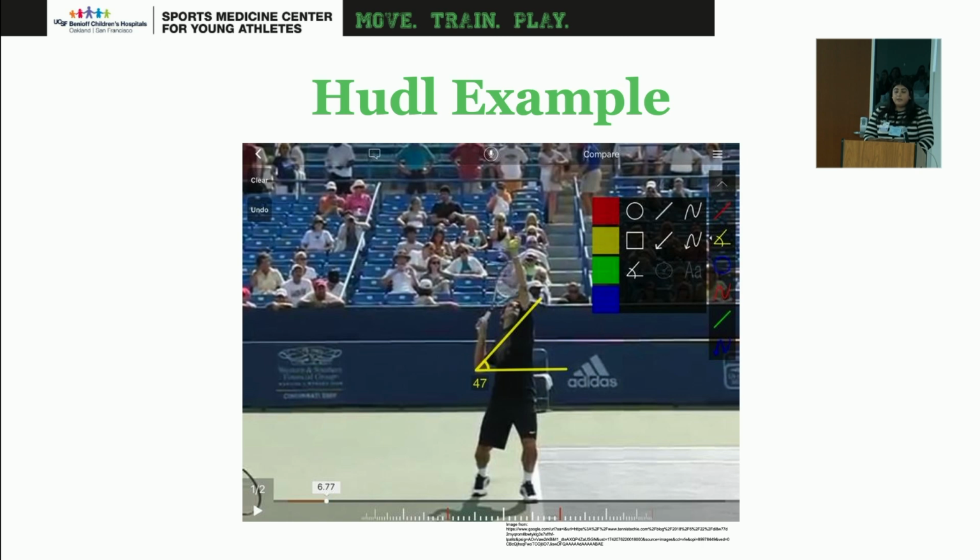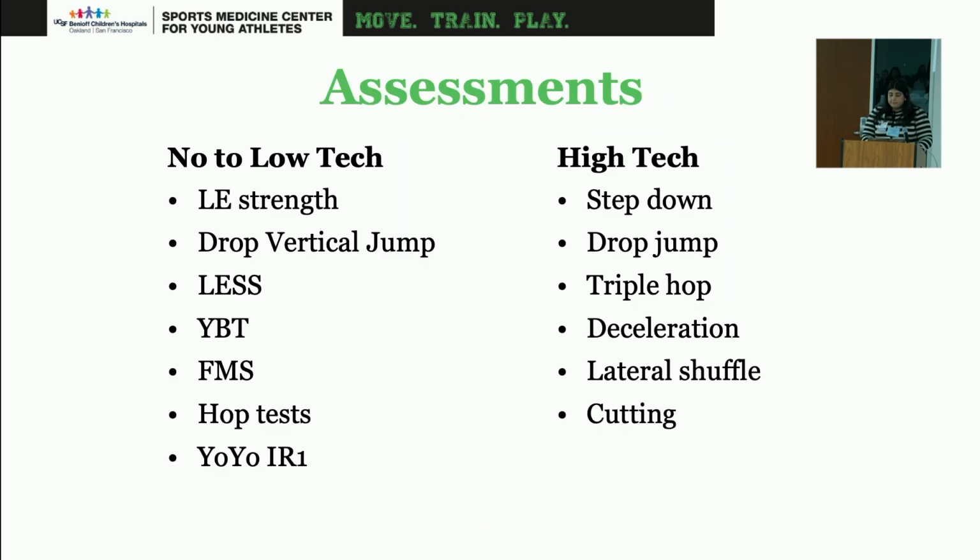So it can give you more objective angles and measurements if you're trying to track a certain movement, or in this case, even track more in real time in the sports setting. So yeah, just wanted to bring that up in case you all are looking for ways to perform some of these low-tech assessments if you don't have access to those fancy cameras.